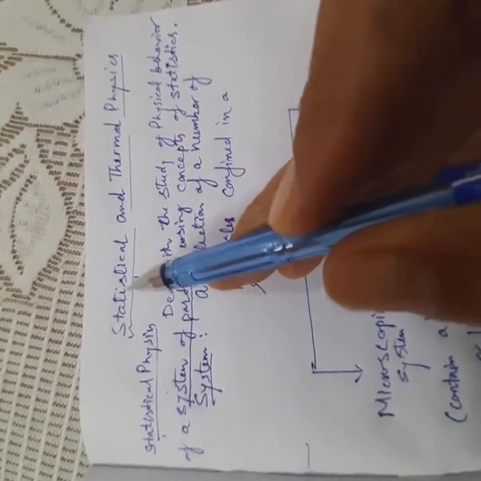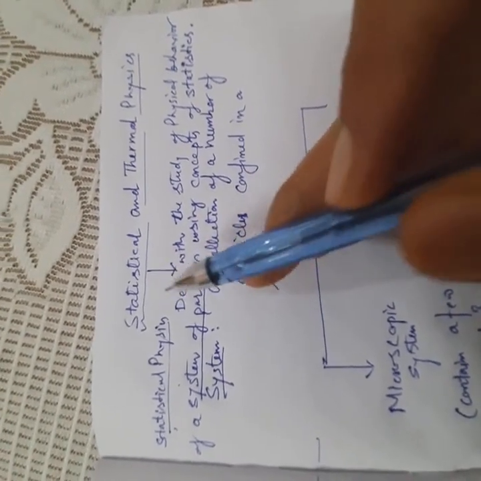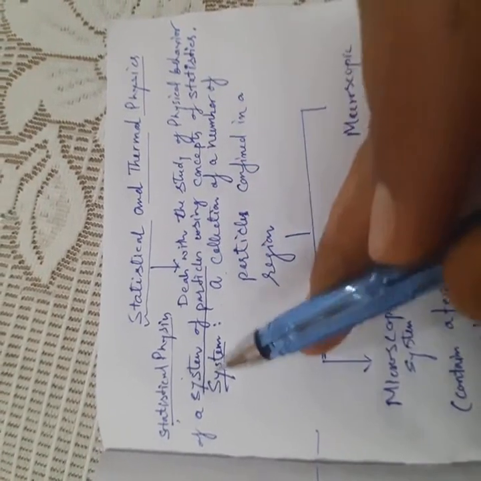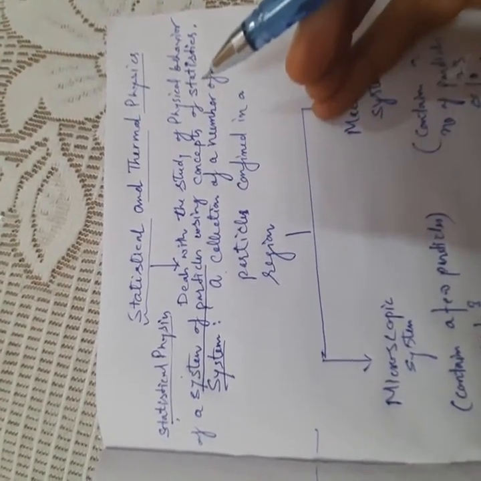As far as statistical physics is concerned, this is the part of science which deals with the study of physical behavior of a system of particles using concepts of statistics.